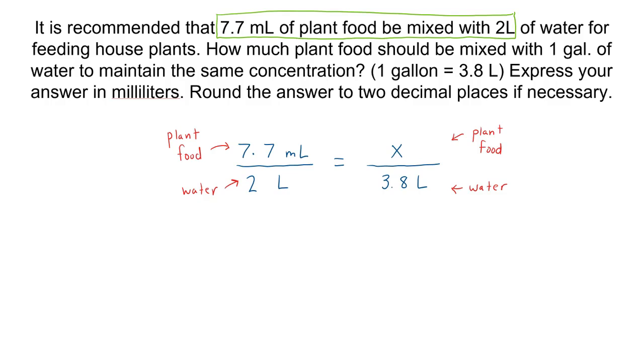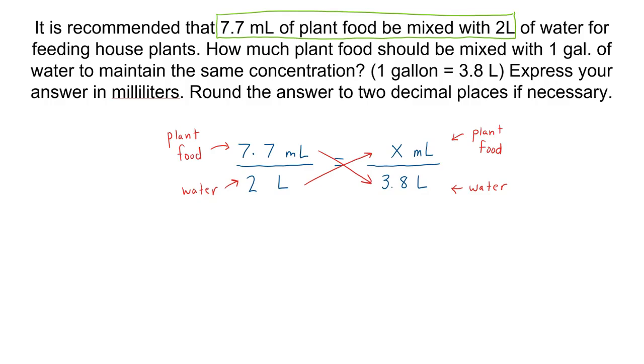If the left side of this equation is in milliliters over liters, then the right side has to be in milliliters over liters as well. And the good news is that we're told that 1 gallon is equal to 3.8 liters. So the amount of water that I want to mix on the right is 3.8 liters. Because this is a proportion with one unknown, we can solve it by cross multiplying.